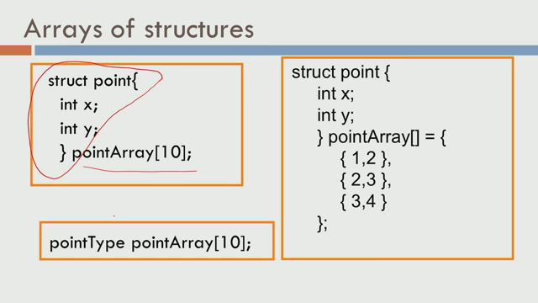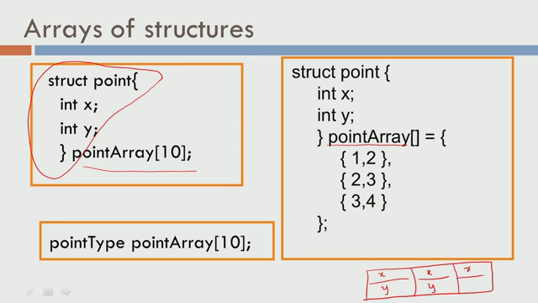And finally, even if you have arrays, you can initialize them. So this is an array of structures on the right side. So point array is an array of structures. So you can think of it as, I have an array and each one is a structure, and the structure has x and y. So this is point array of 0 comma x, and this is point array of 0 comma y. This is point array of 1 comma x, and this is point array of 1 comma y.